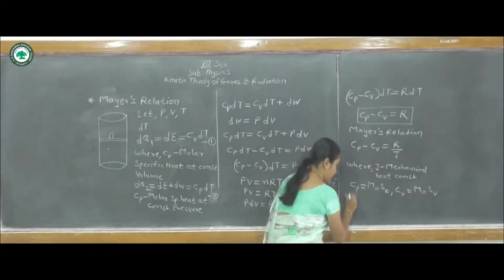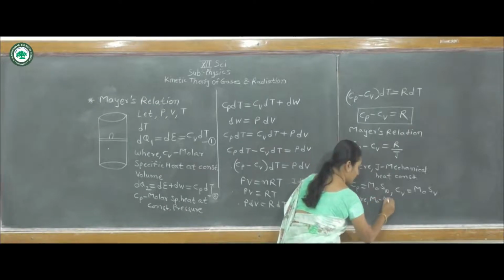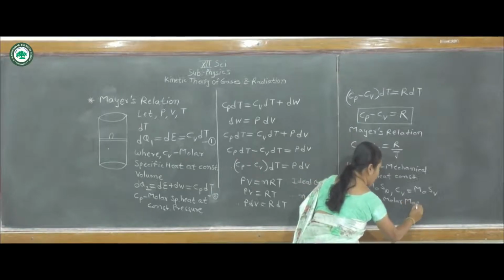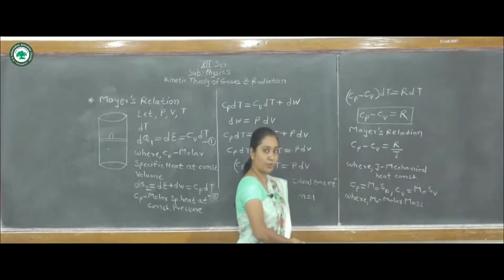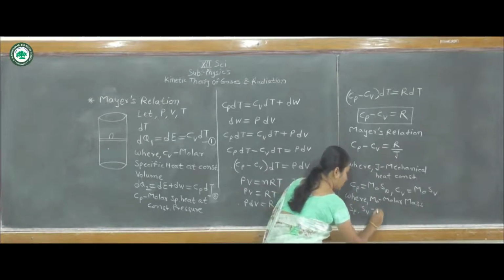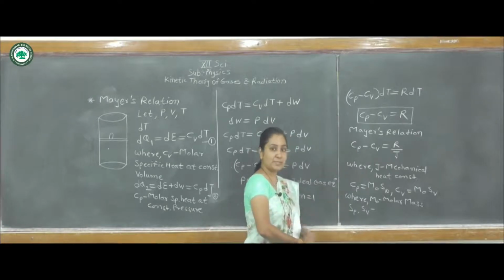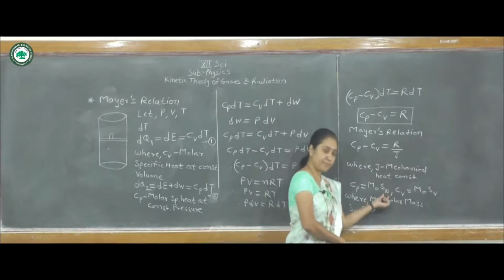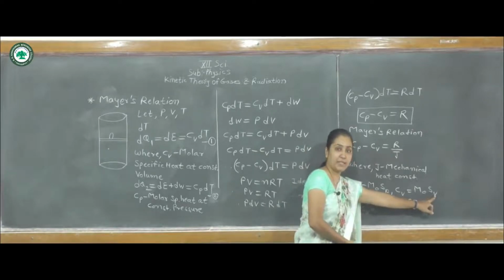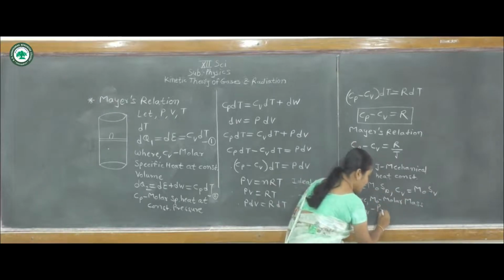So where m0 is the molar mass and Sp and Sv are respective principal heats. That means principal heat at constant pressure and Sv principal heat at constant volume.